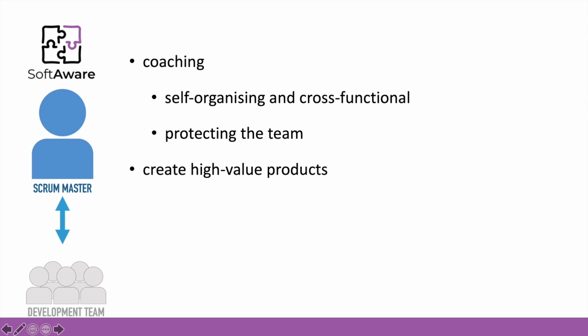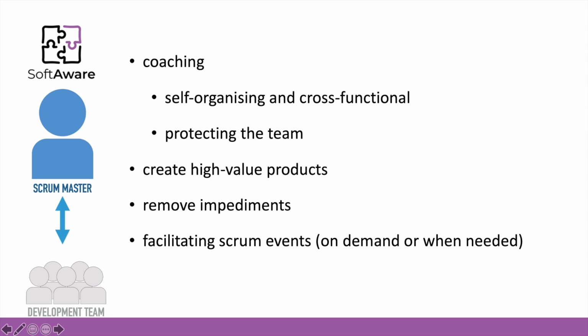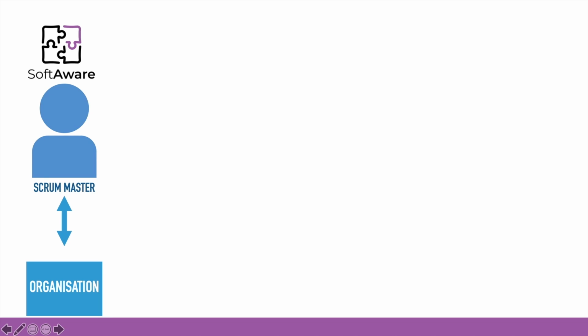The idea is to show them that they can create high value products, and to remove impediments. Those impediments could be technical, social, professional, and have several levels of risk associated. The Scrum Master is always helpful in facilitating Scrum events on demand or when needed.